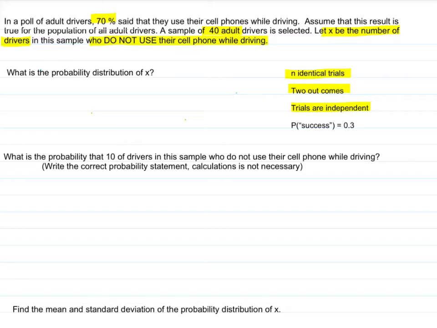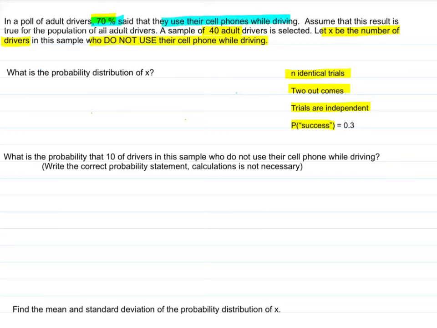Okay, now we need to find the success probability. How do we find it? Is it 0.7, meaning 70%? No. Why? 70% said they use their cell phone while driving.